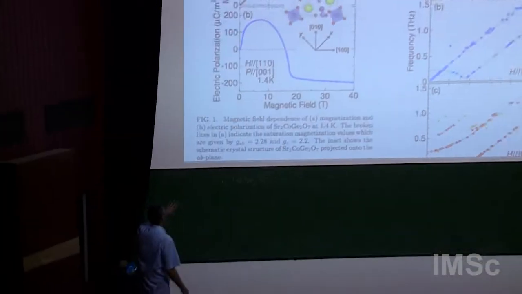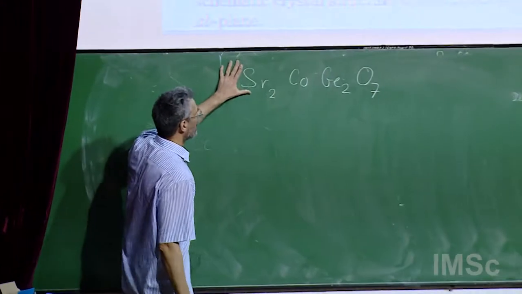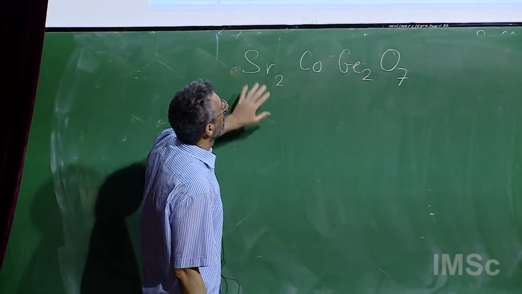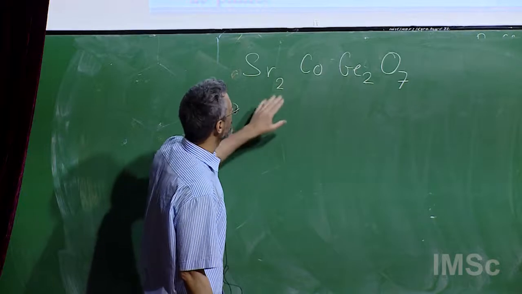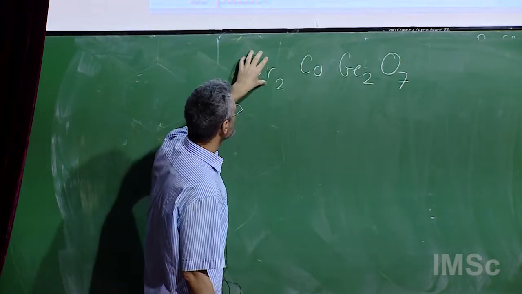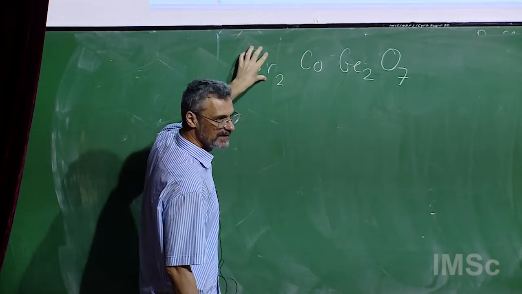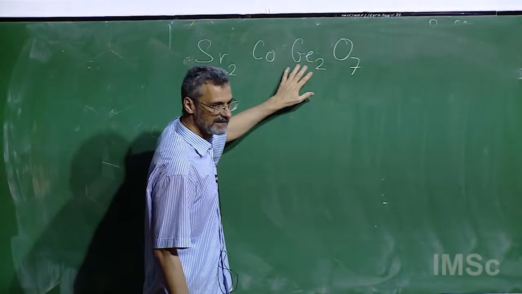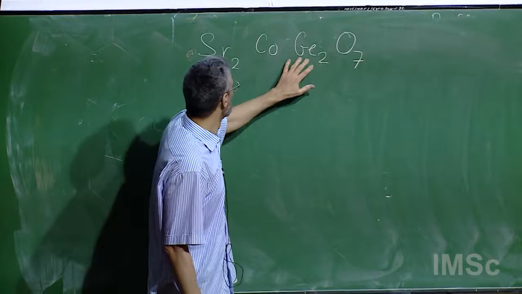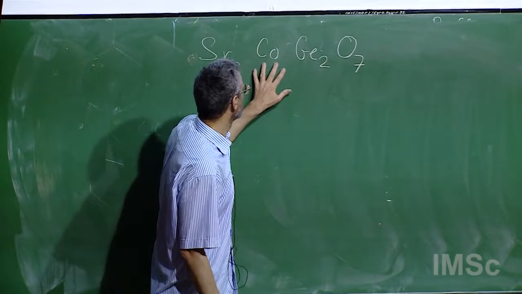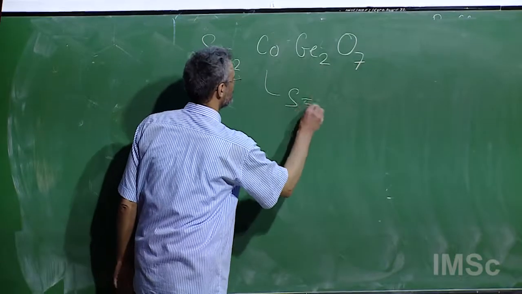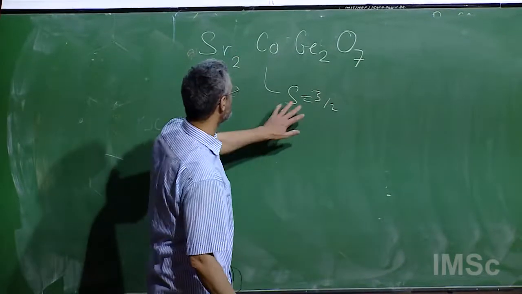It is a member of a bigger family. Instead of strontium, you can use barium, or maybe even calcium. Instead of germanium, you can use silicon. But the cobalt and oxygen stay. The cobalt ions are the magnetically active ions, and they have spin 3/2, as I told you before.